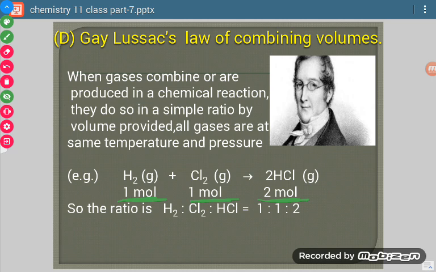So these three reactants as well as products, they are in gaseous state. So the ratio in reactants and products, when all are in gaseous state, will always be in a simple whole number ratio. This is Gay-Lussac's law of combining volumes.